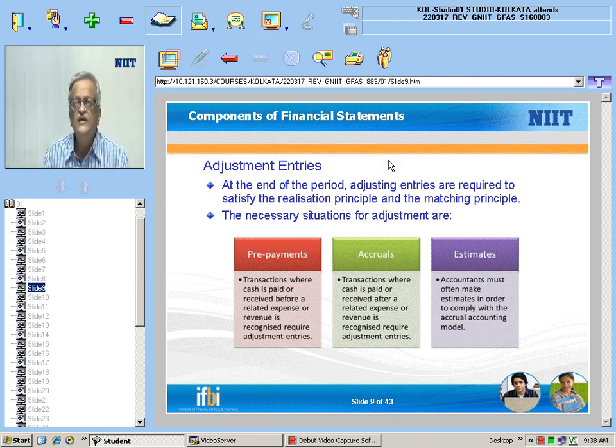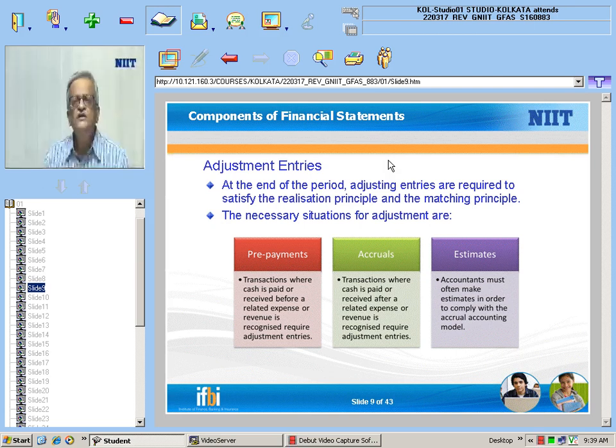And third, estimates. Accountants must make estimates in order to comply with accrual accounting model. Any estimate, maybe estimate of the doubtful debt, estimate of uncollectible items, all these are estimates. Depreciation, that is also an estimate.